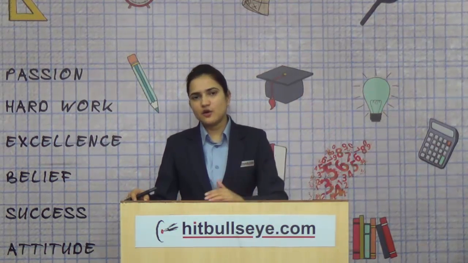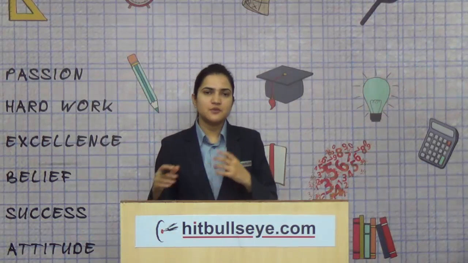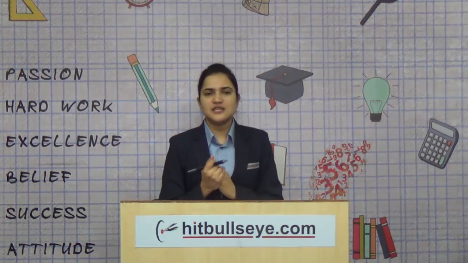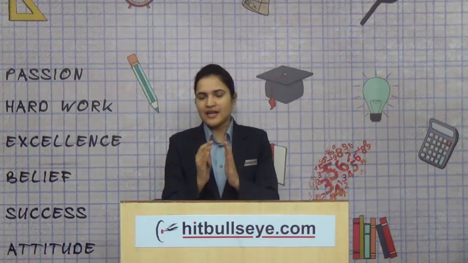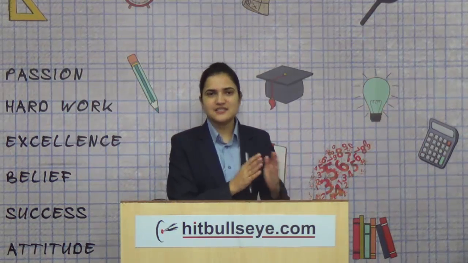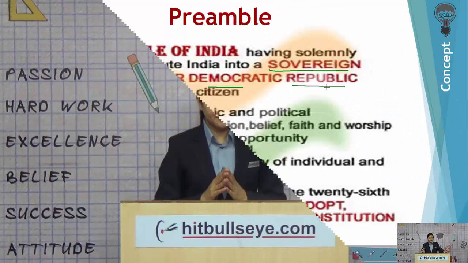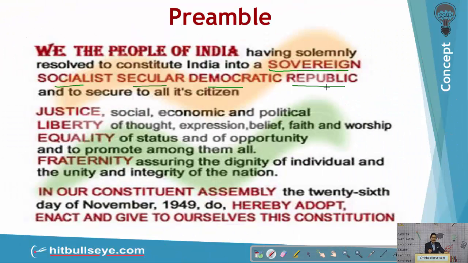And finally, it talks about India being a republic state, which means the head of our country is going to be elected, and that we are an antithesis to the system of monarchy. Then the preamble very clearly tells us that the following things are being guaranteed to anyone who is within our country, that is justice, liberty, equality, fraternity.